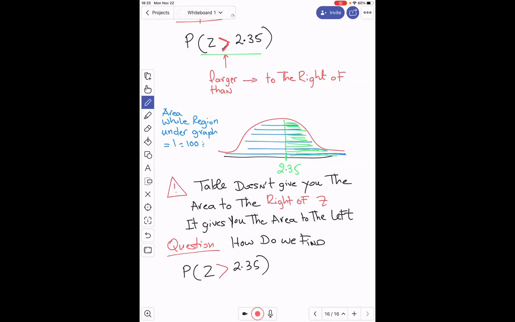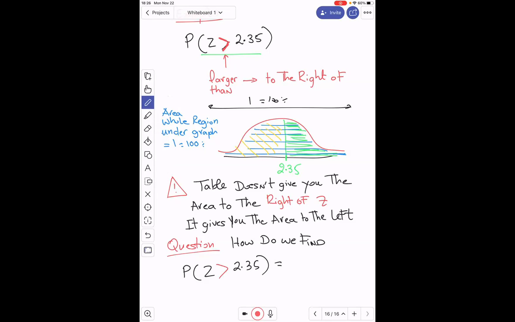So to find the area to the right, what I need to do is subtract. I'm going to subtract the area to the left from 1, because the whole area is 100%. You know the area to the left of 2.35, the yellow region.